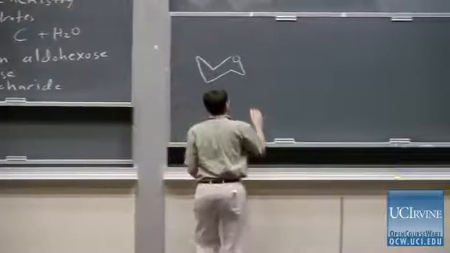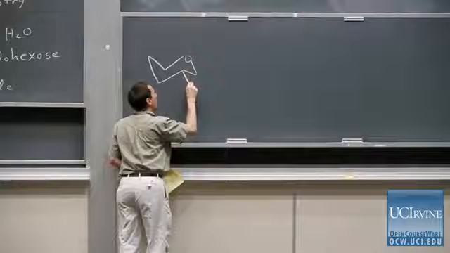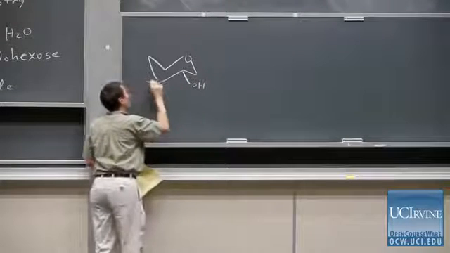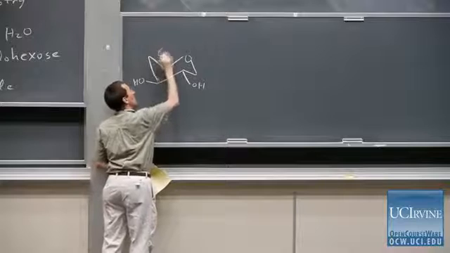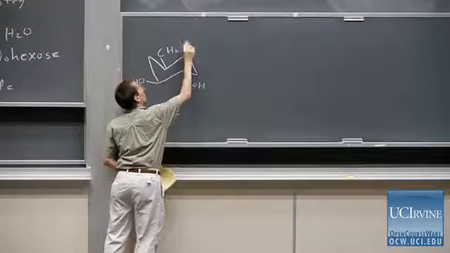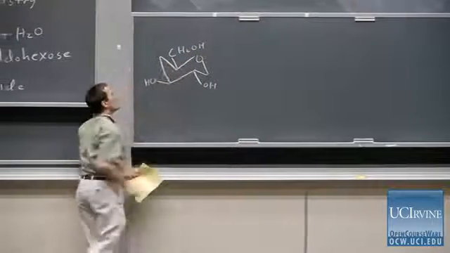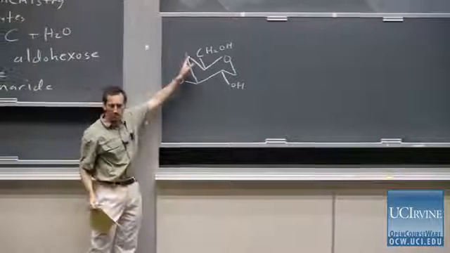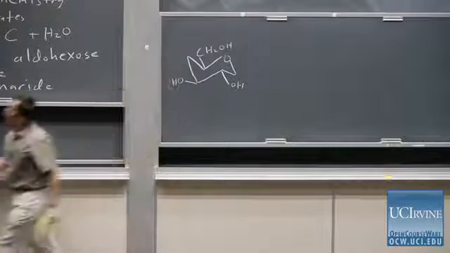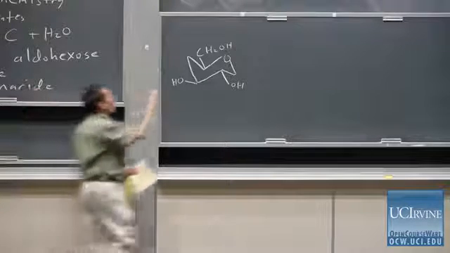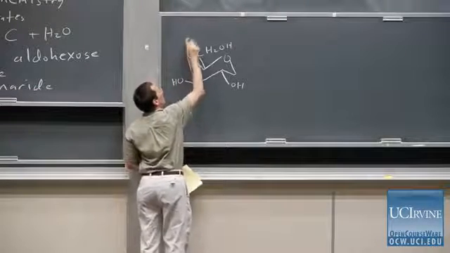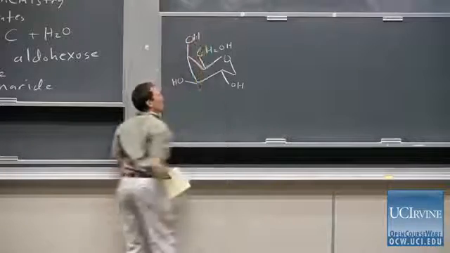And I'm going to go ahead and draw everything the same on this ring as I did for glucose, except at the 4 position, instead of having the hydroxy group in the equatorial position, I'll put the hydroxy group in the axial position.